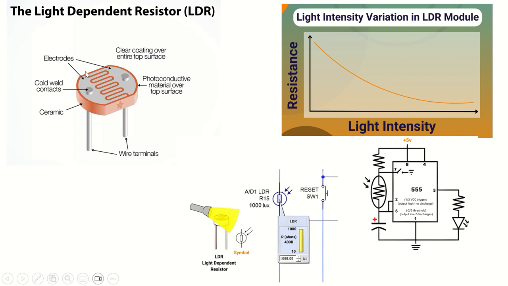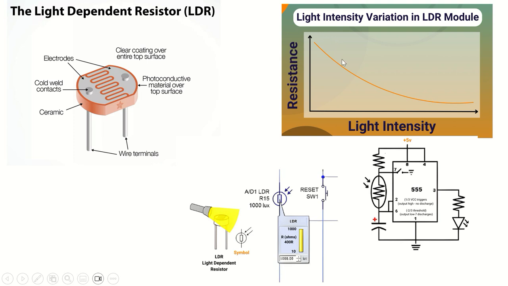Now this sensor LDR looks like this shape, fabricated with a ceramic material, and two electrodes are there. You can see the aluminum wire terminals. These electrodes are nothing but a photoconductive material which is coated on a ceramic substrate.